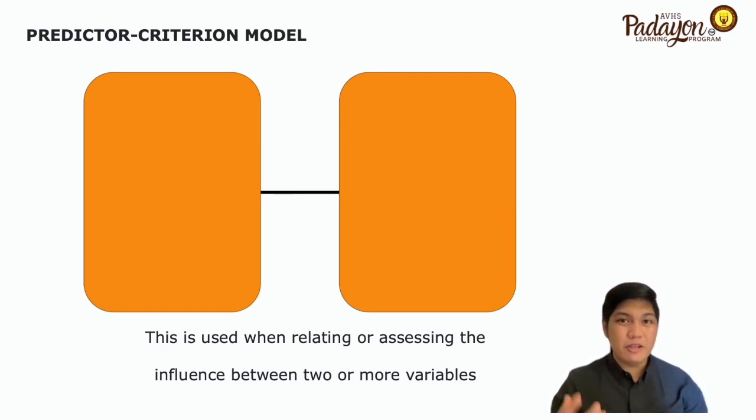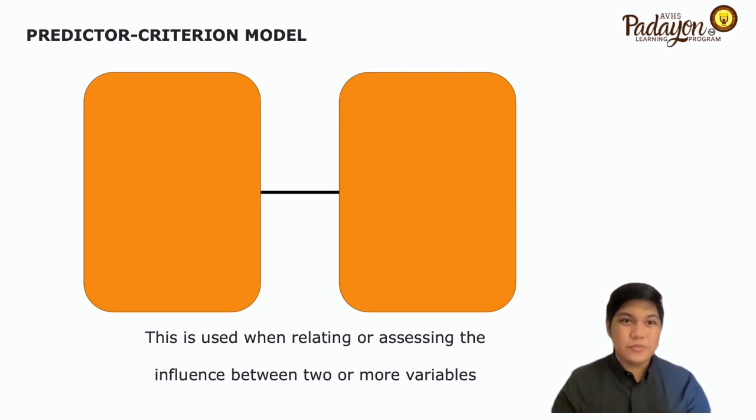Now, since we're talking about relationship, let's now talk about the third distinct feature of the two models, the IVDV model and the predictor criterion model. In the IVDV model, what you observe is that we use an arrow to connect one variable and another variable because that arrow signifies a cause and effect relationship, that an independent variable affects your dependent variable.